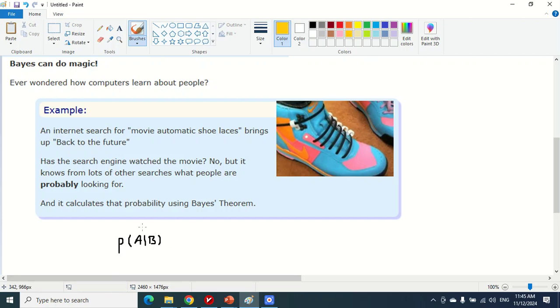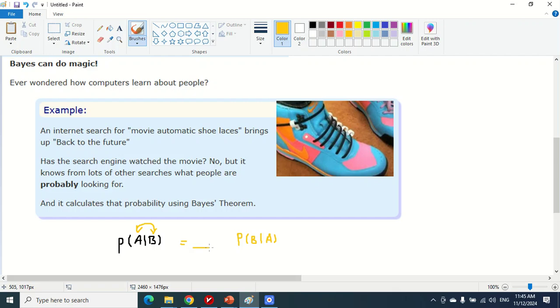This is the key of the Bayes rule. When we have the inverse part, meaning the probability of B where A is given, then we can easily calculate the probability of A when B is given. This is the key of the Bayes rule theorem.